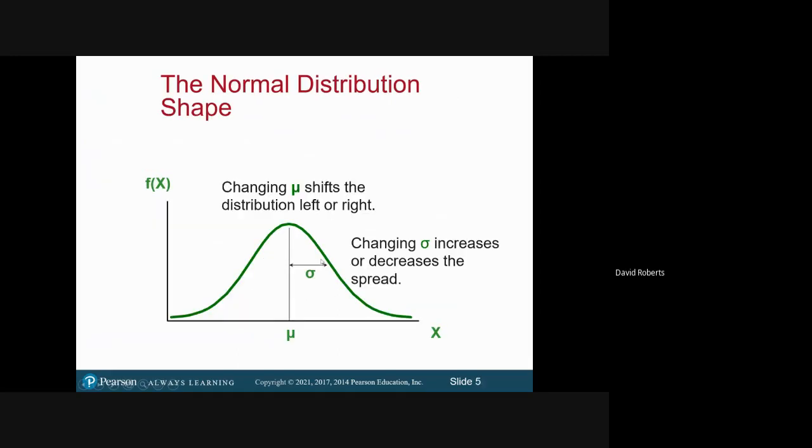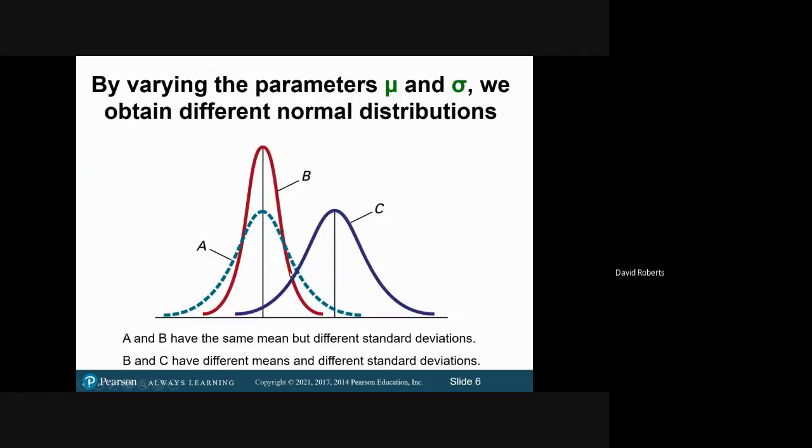So in this particular case, the mean shifts the distribution to the left or the right, but by changing the standard deviation, it changes how narrow the distribution looks or how flat it is. If you remember, we talked about leptokurtic and platykurtic, the shape of the curve. And again, you have different means.